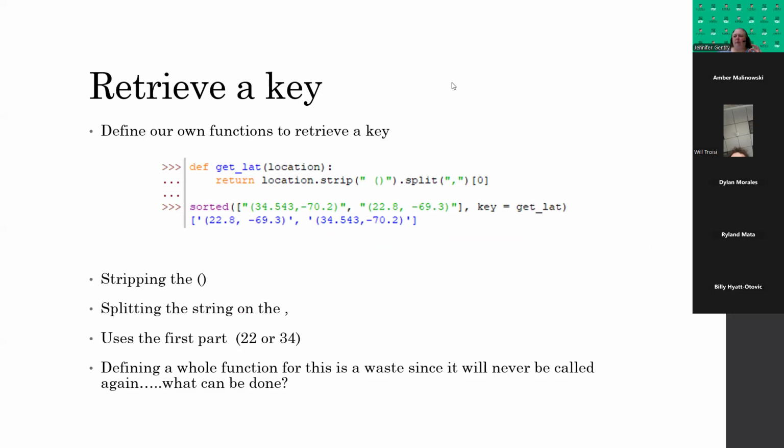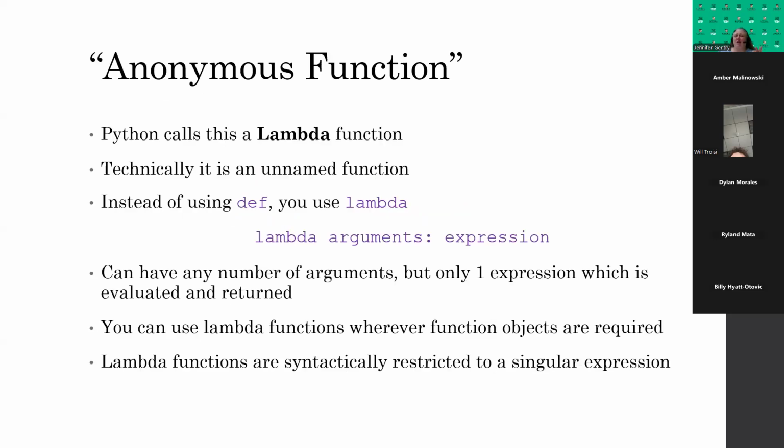I'm going to go back real quick. For these really short functions, where it's literally a def on one line and a return on the other, those are the ones we're looking at when we're talking about lambdas. You can have any number of arguments, but only one expression, which is evaluated and returned.